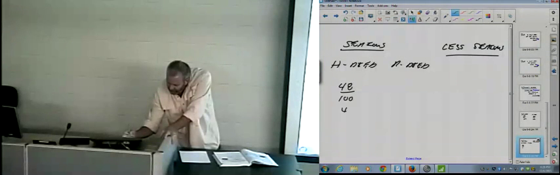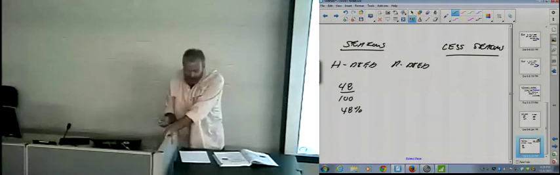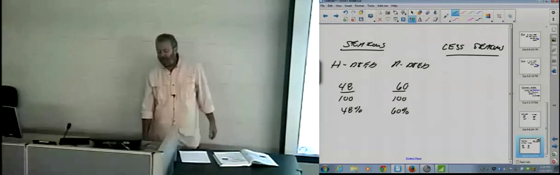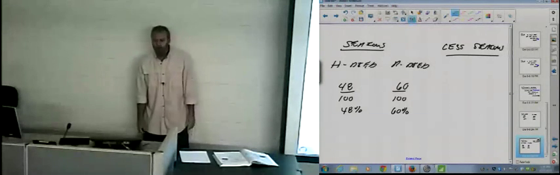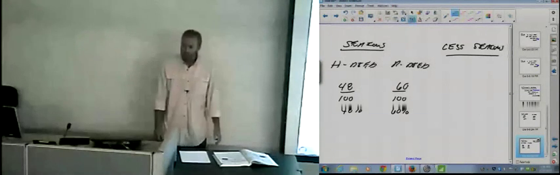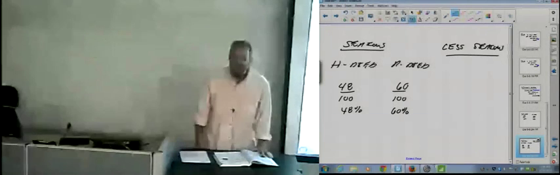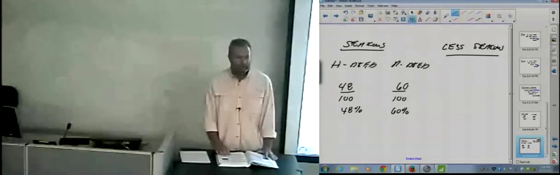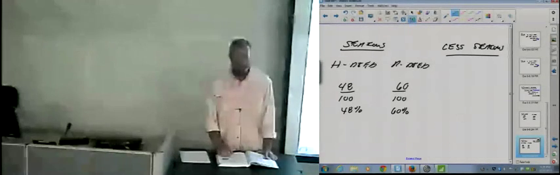I'm pretty sure that's 48%. If you went by road and died, it was 60 out of 100. Okay, if you have a serious accident, how do you want to go? I want to go by the helicopter. So if you see me in a wreck, stop and ask the guy, hey, is this a serious accident? Yes? He wants to go by helicopter.